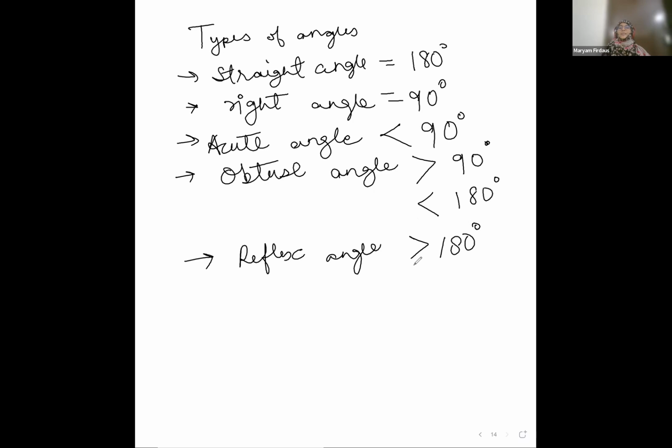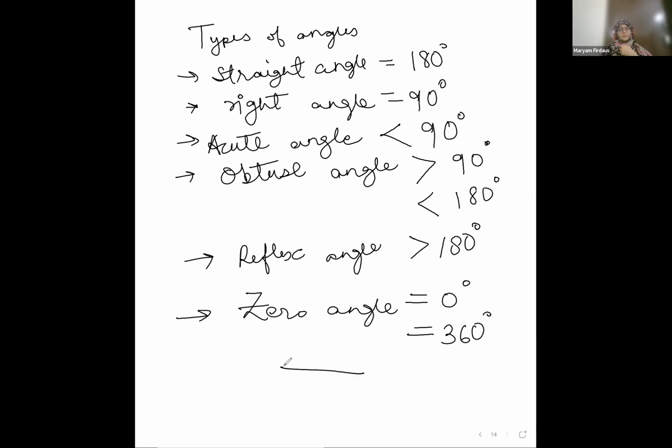It can be 250 or 270 degrees. And when something is 360 degrees, it is called a zero angle. Zero angle means you can call it 0 degrees or you can call it 360 degrees because it looks the same. Like if you have these two rays, then that's the zero angle.